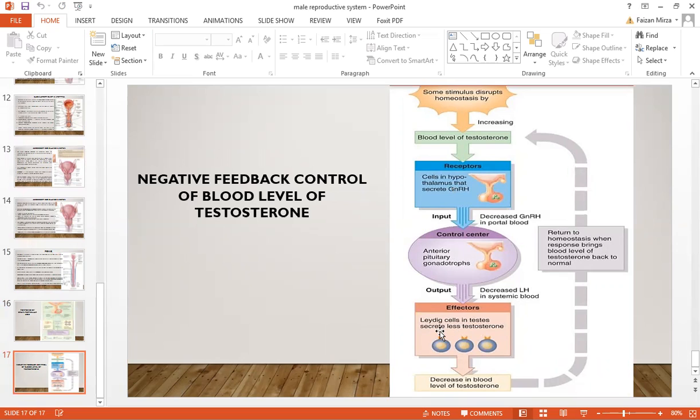When the Leydig cells are stimulated less, a lower level of testosterone will be in the blood. This shifts the homeostatic balance in favor of GnRH release, which in turn causes more FSH and LH to go into the blood, and because of that the testosterone level will start to increase. That's all for now. Thank you.